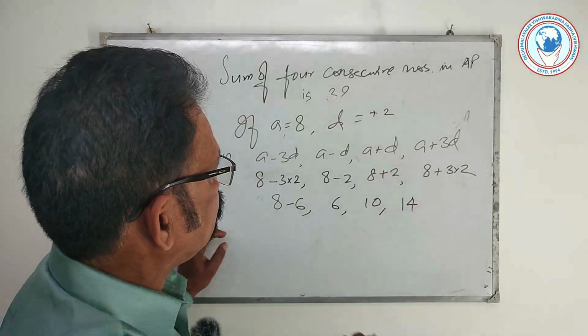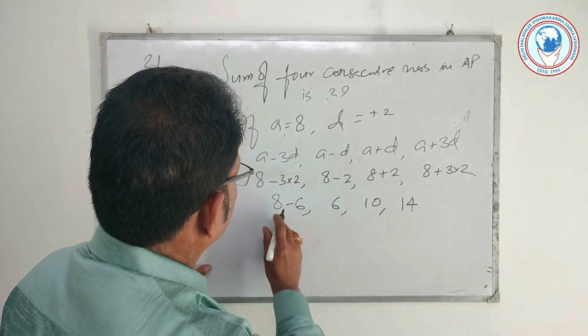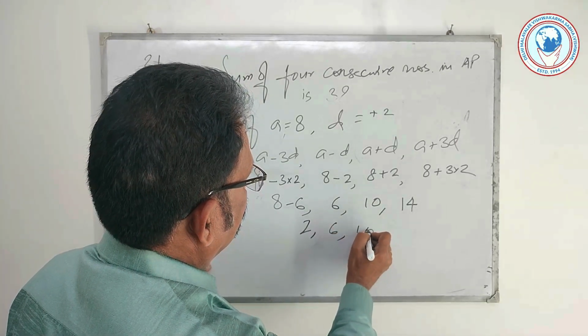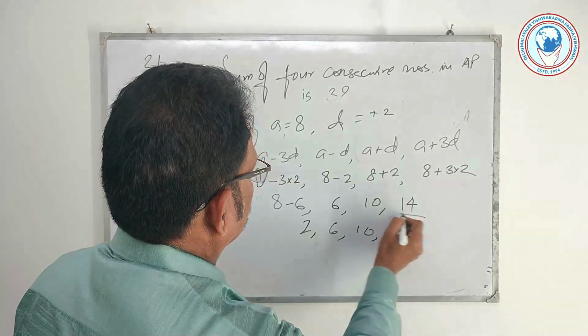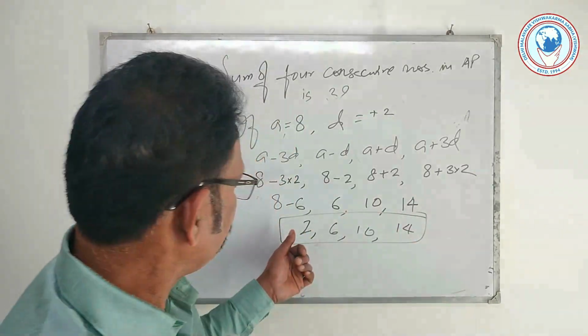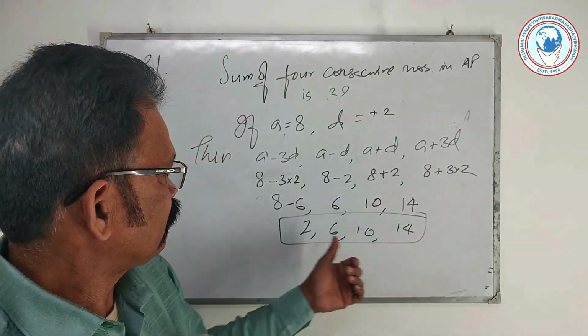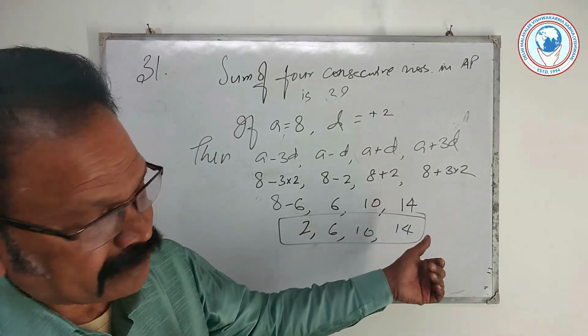See, these are 2, 6, 10, 14. These are the numbers, they are in AP: 2 plus 4, 6 plus 4, 10 plus 4, 14. 2, 6, 10, 14 are the numbers.